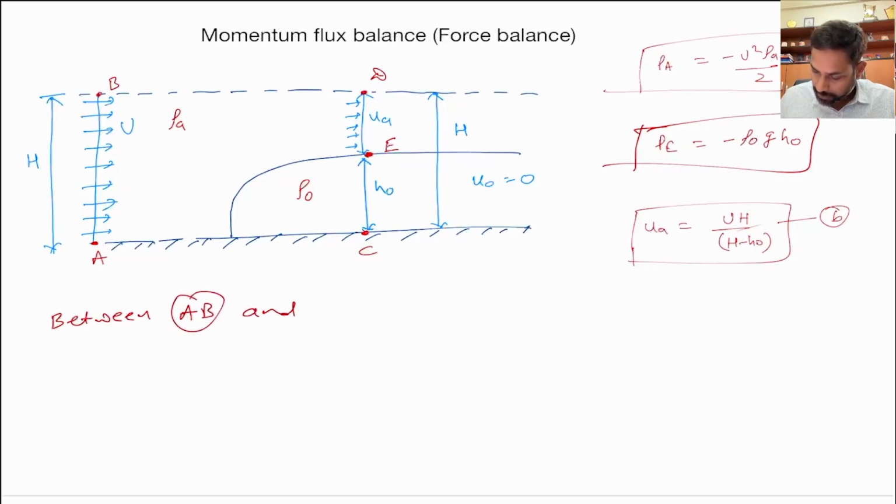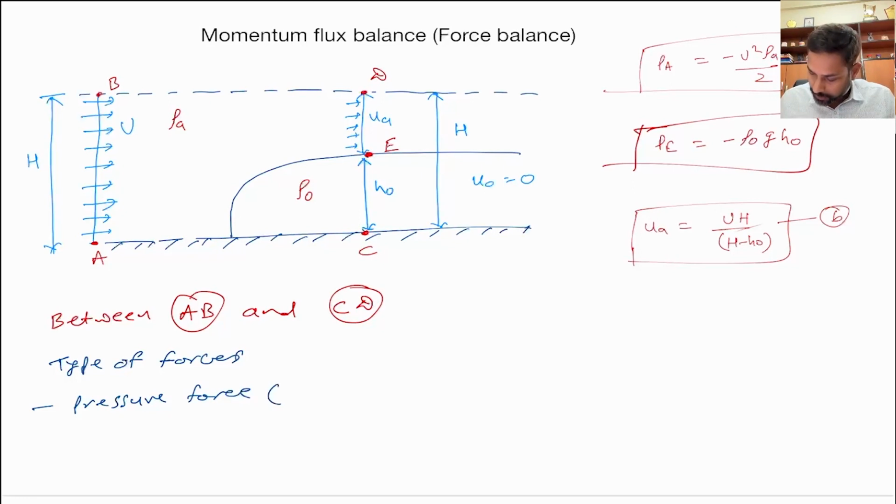In the type of forces we have here are pressure force, which basically is hydrostatic pressure that is coming from the density, right?